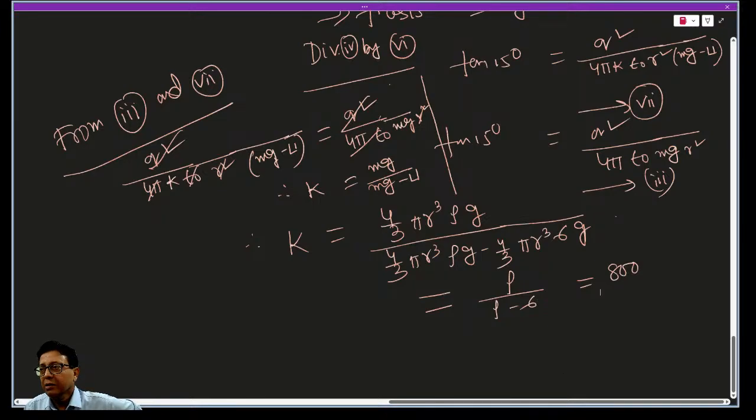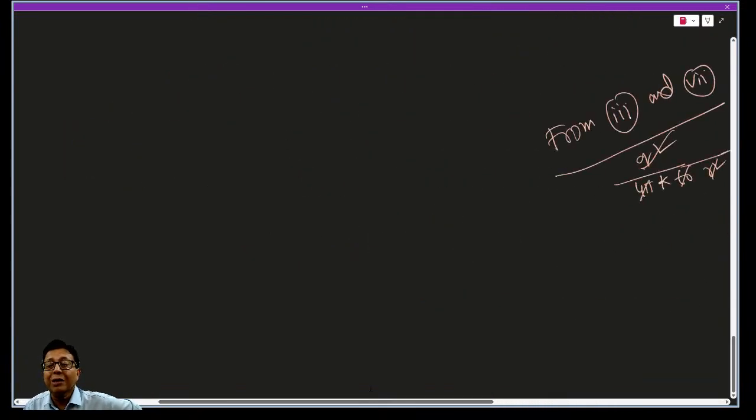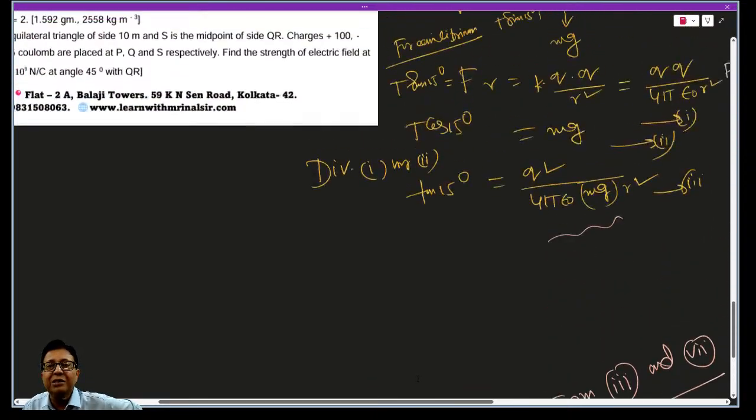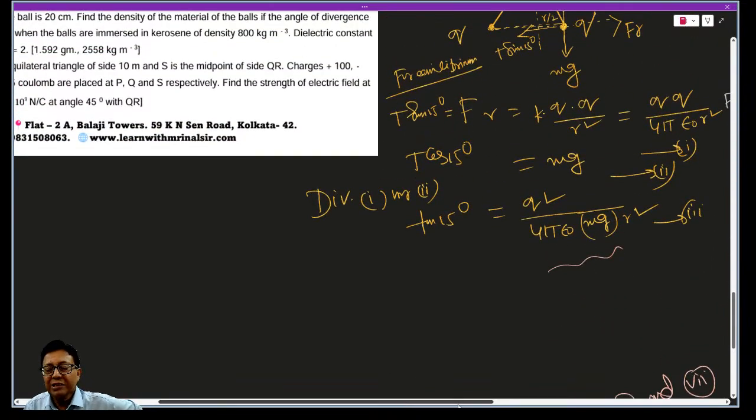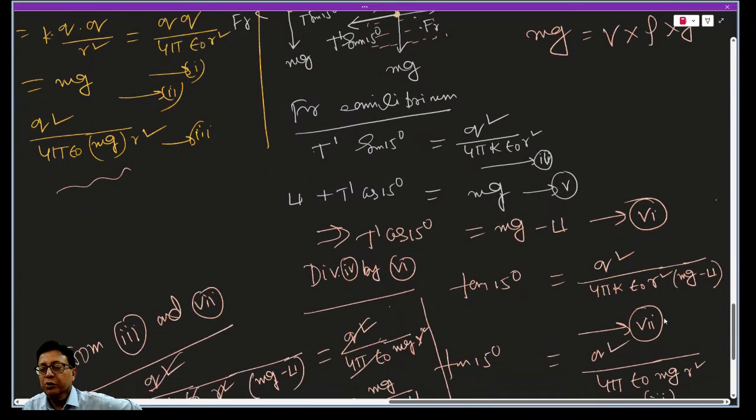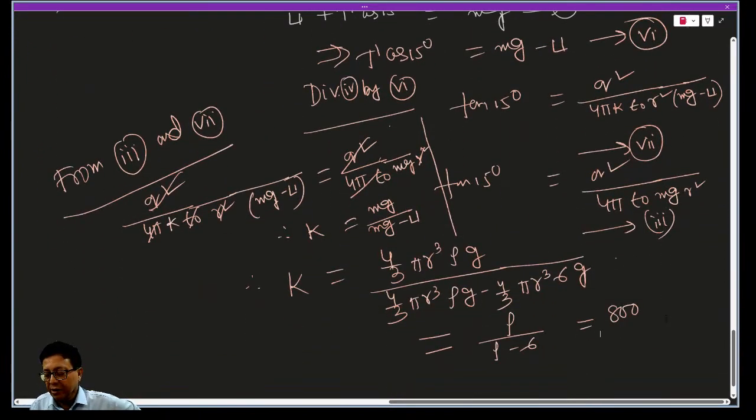Rho is the density of the body, and the density of the body is larger than the density of the liquid. So this one is 1600.